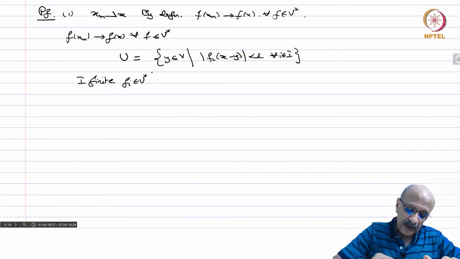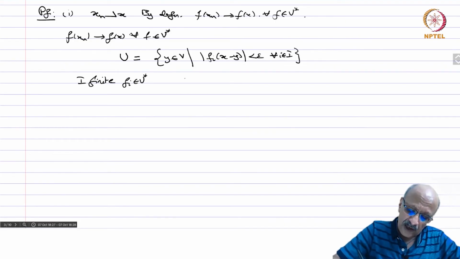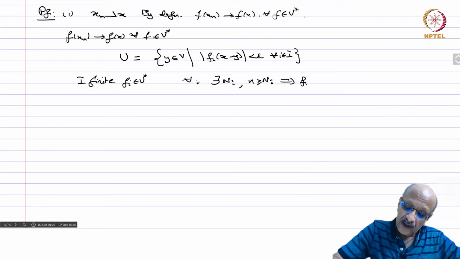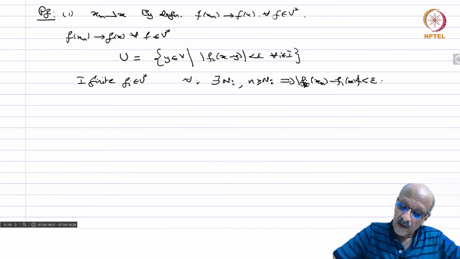Now if f(x_n) converges to f(x), then for every i there exists an n_i such that n greater or equal to n_i implies |f_i(x_n) - f_i(x)| is less than epsilon, because you have f(x_n) converges to f(x) for every f in V*. Now you take N to be the maximum of the n_i's.